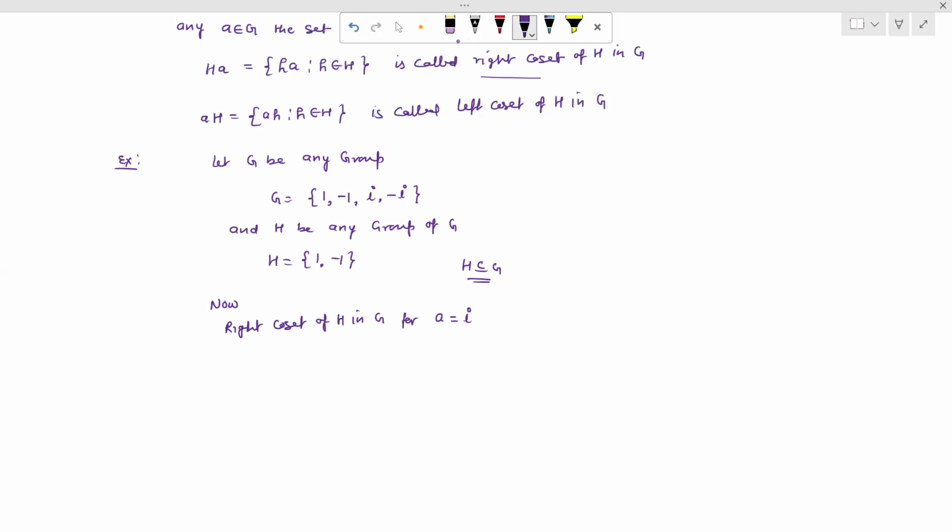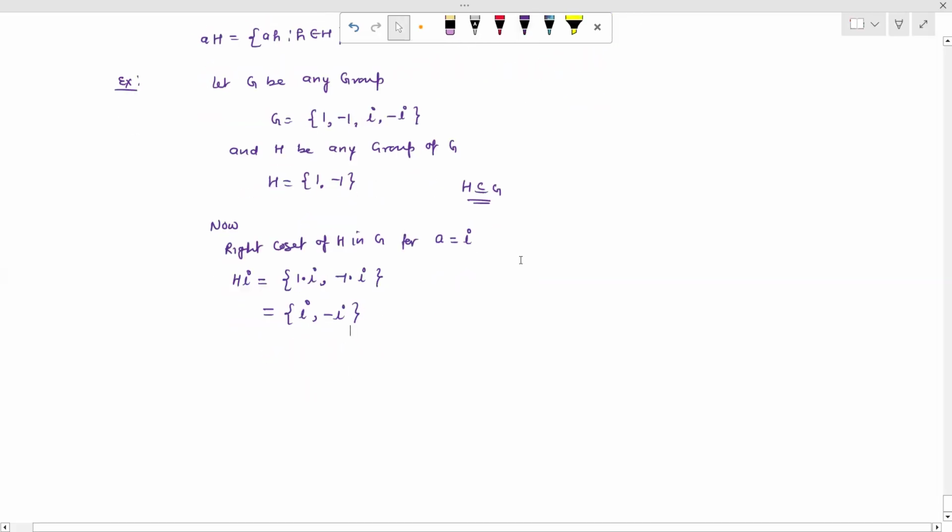In the definition of right coset, we write H into iota, so in place of a we put iota. This equals h iota where h belongs to H. H has two elements, 1 and minus 1. So we write 1 into iota, the product with iota, because we have seen Ha, and the second element, minus 1 into iota. This gives us iota and minus iota. So this is our right coset of H in G.